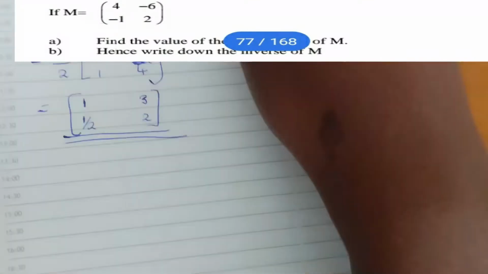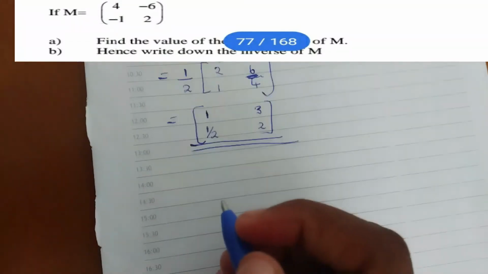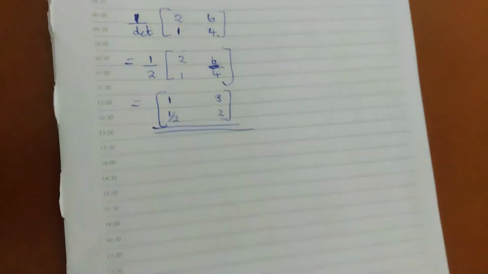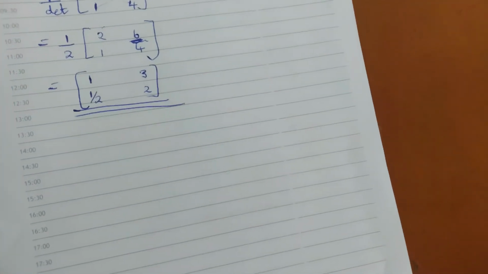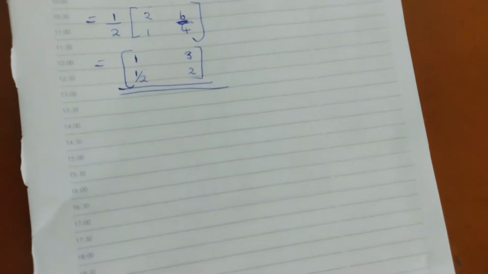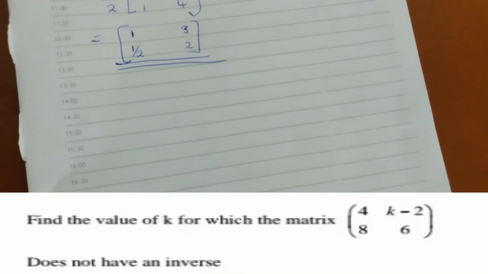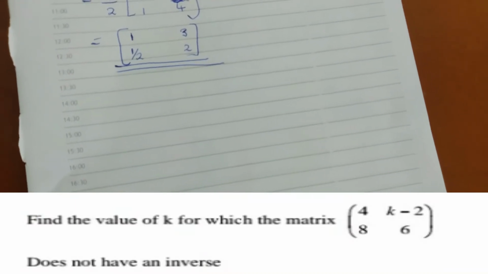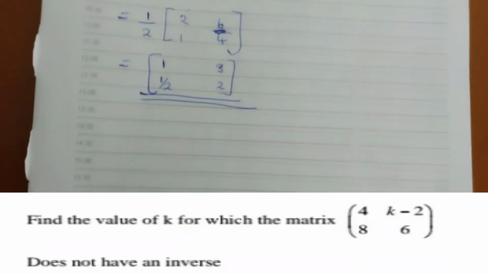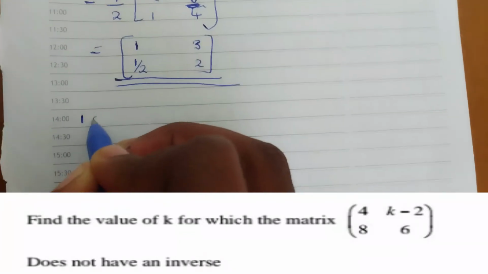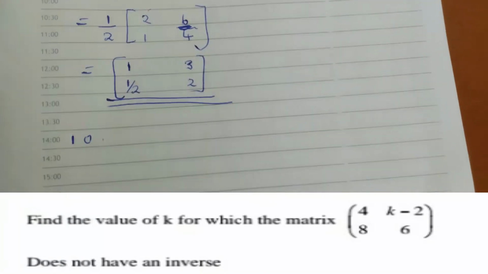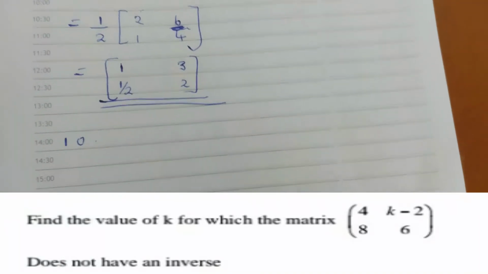More on inverses. There's this question, question 10. It reads, find the value of k for which the matrix 4, 8, k minus 2, 6 does not have an inverse. If a matrix does not have an inverse, what does it mean?